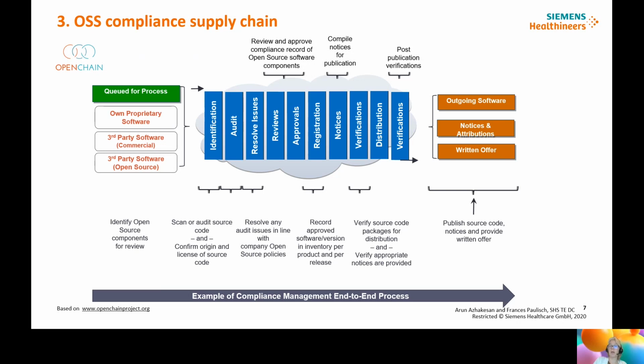So having the correct notices and attributions, the written offer, and so on. This gives you an idea of the process that you go through to do correct open source license compliance.